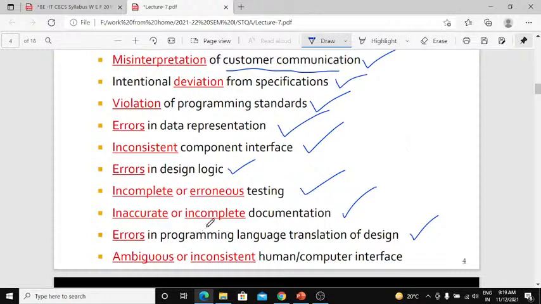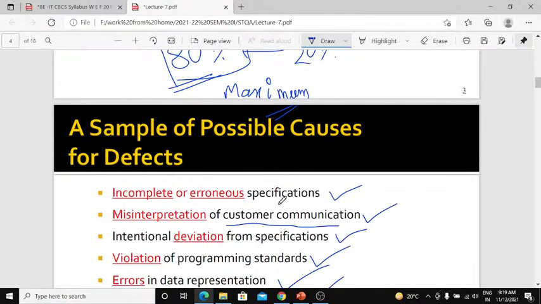There are also errors from an ambiguous or inconsistent human-computer interface. Because of all these reasons, defects arise.